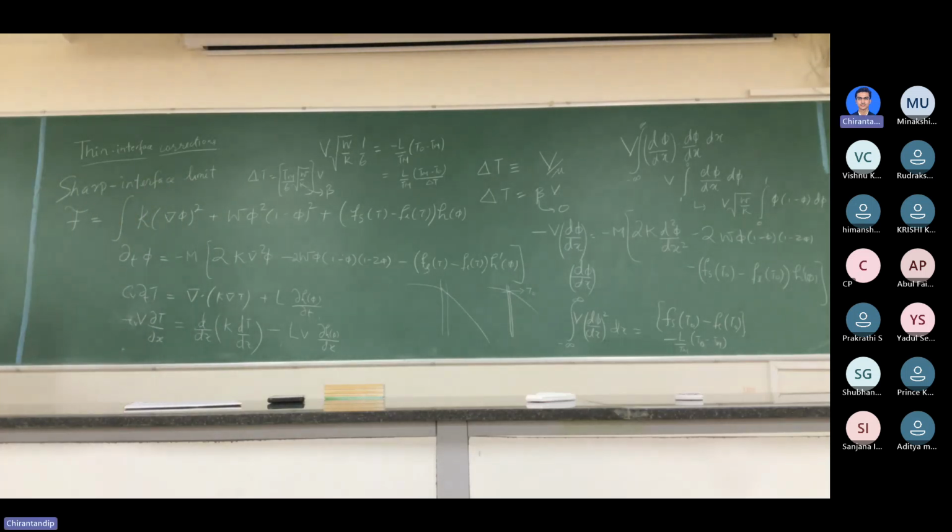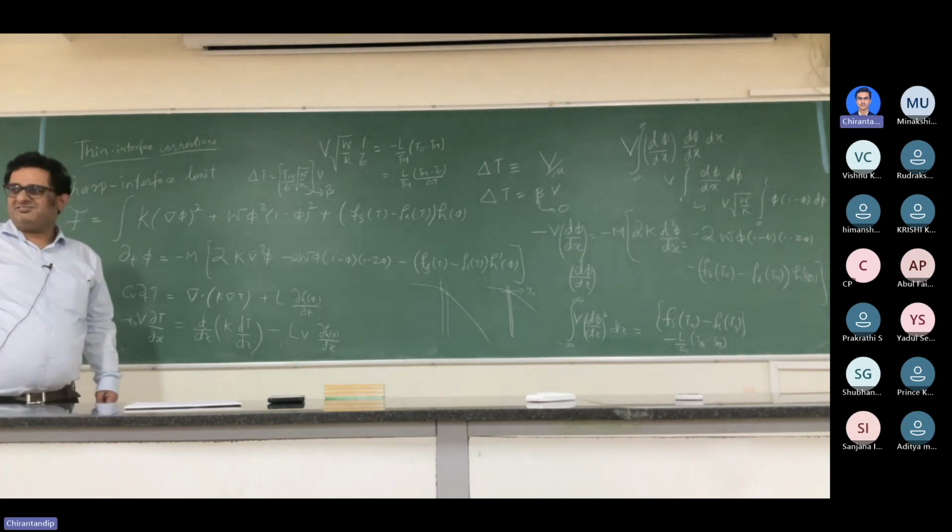Now comes the calamity. What is the calamity? The calamity is, as I said, you have an experimental condition where beta is 0. But in the sharp interface limit, you get a finite beta out of the bottom, which you cannot make 0.